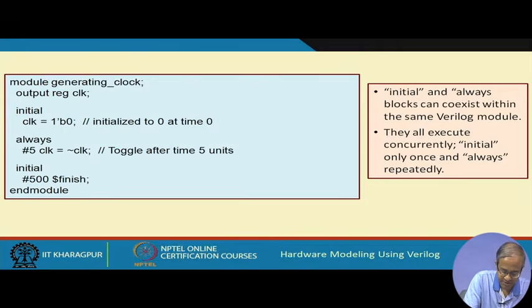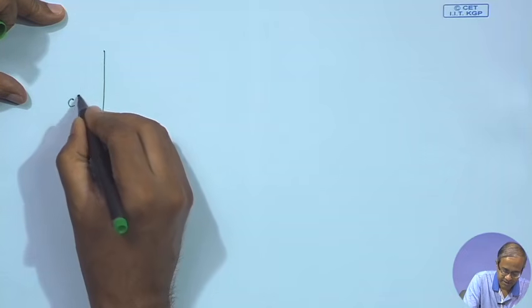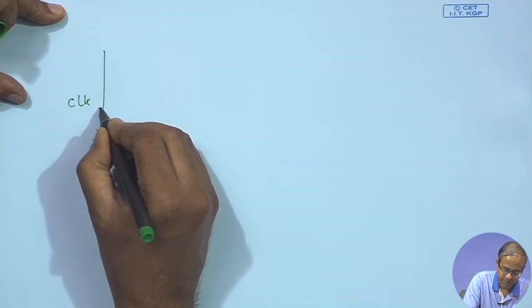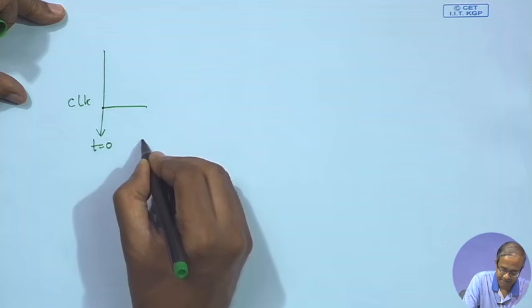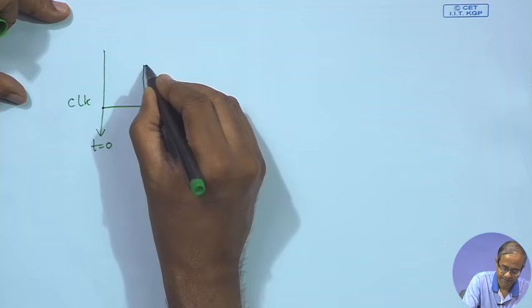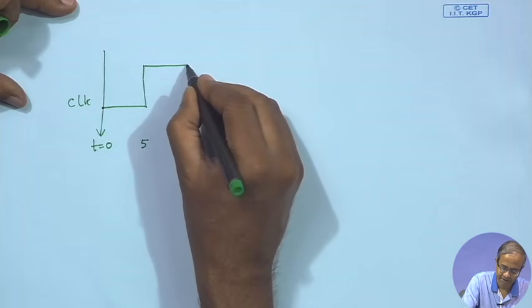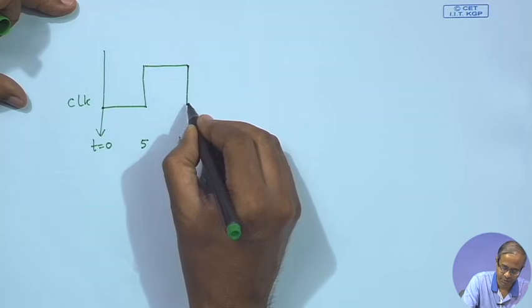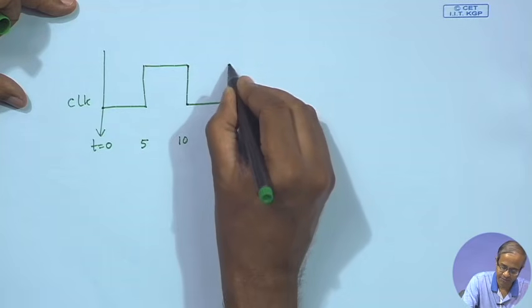Suppose this is my time t equal to 0, and this is my signal clock. My clock was 0 at time 0. At time 5, clock equal to not clock, my clock becomes high. At time 10, after a gap of another 5, again clock equal to not clock, it will become 0. At time 15, it will again become 1.